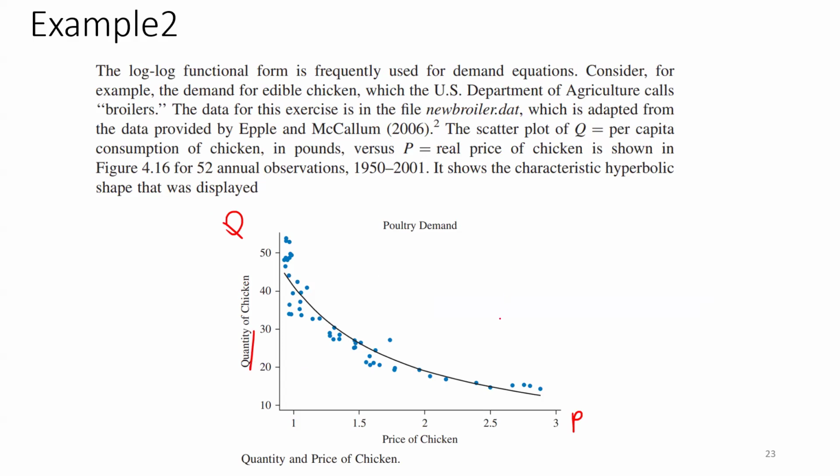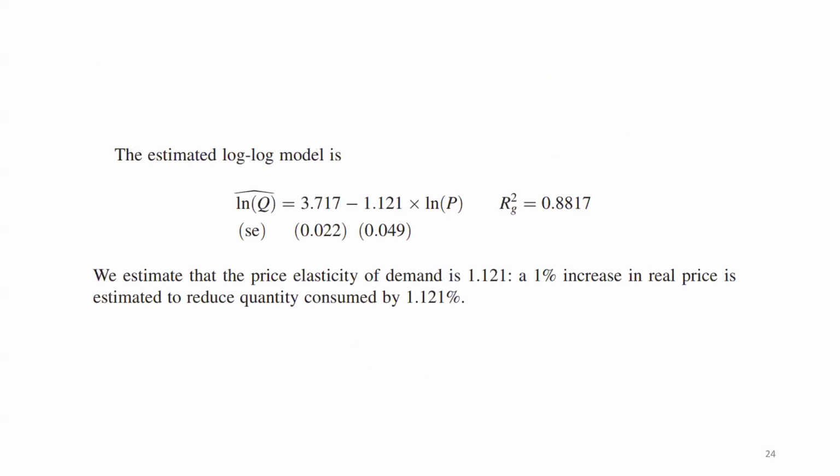The higher the price, the lesser the quantity. So this is like a demand curve. But they would like you to use a log functional form. So they did the log functional form here and then got R squared. Answer me loudly. What does it mean?